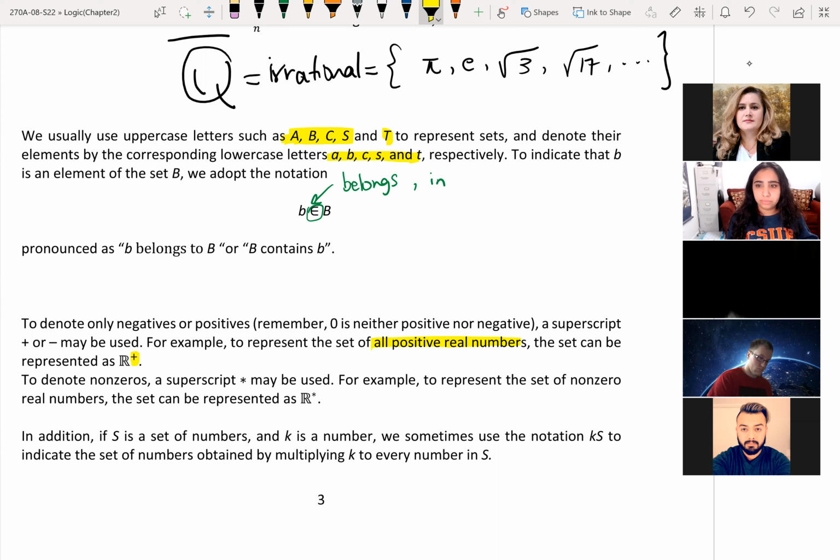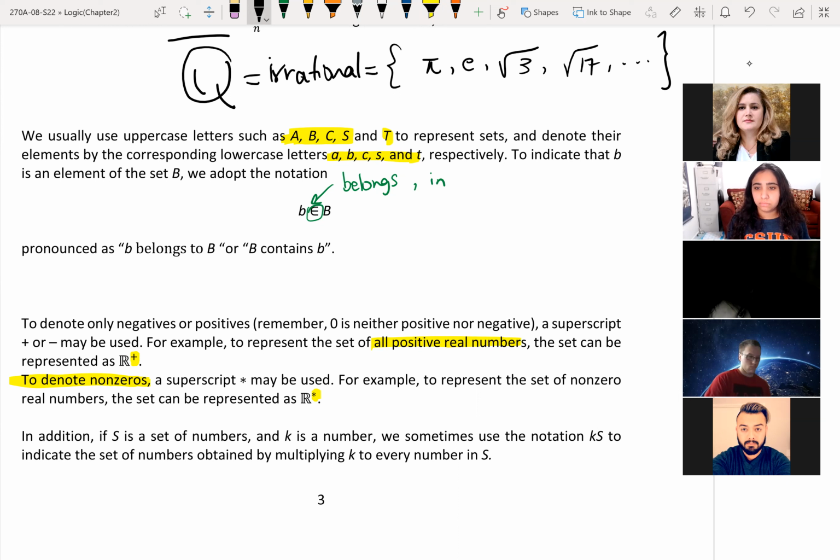So it says all positive numbers, which doesn't include 0. So that does not include 0. If you want to say everything except the 0, we just have a star notation. If you have everything non-zero, we have a star notation.